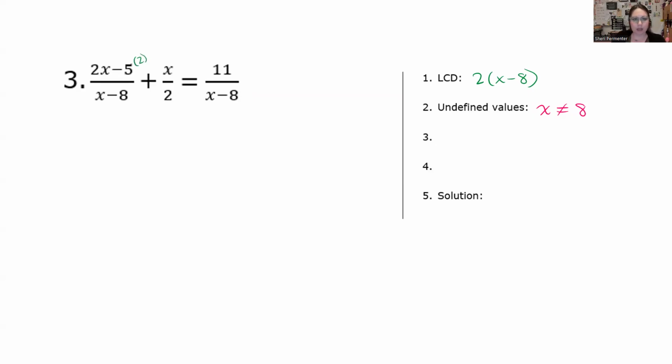We have to multiply everything by the LCD. And then next we have to cancel the fractions, or cancel the denominators.